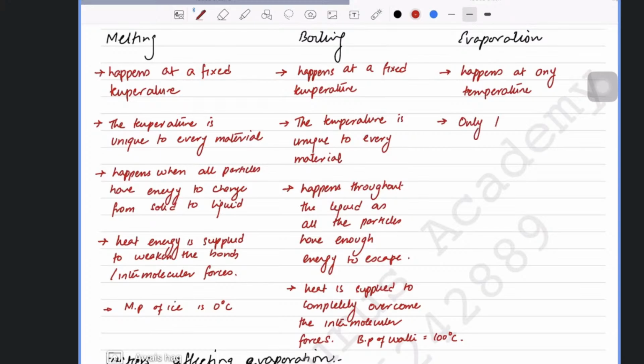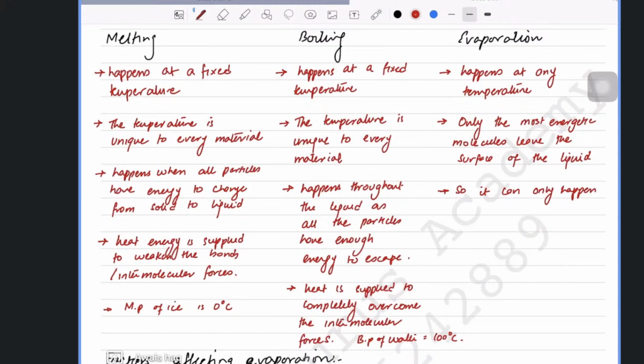Only the most energetic molecules leave the surface of the liquid. So it can only happen at the surface, like it cannot happen throughout the whole liquid.